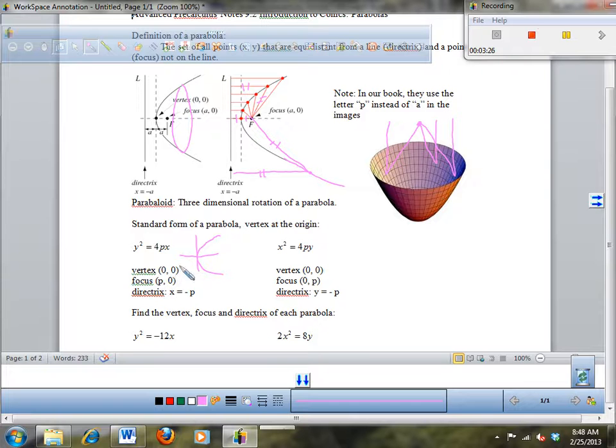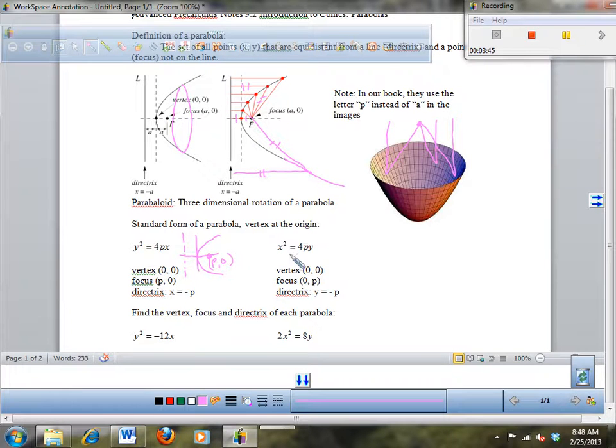P, 0 would be the coordinates of the focus, okay? And x equals negative P over here would be the equation of this vertical line, which is the directrix, such that the distance from here to the parabola and the distance from the parabola to the focus is the same.